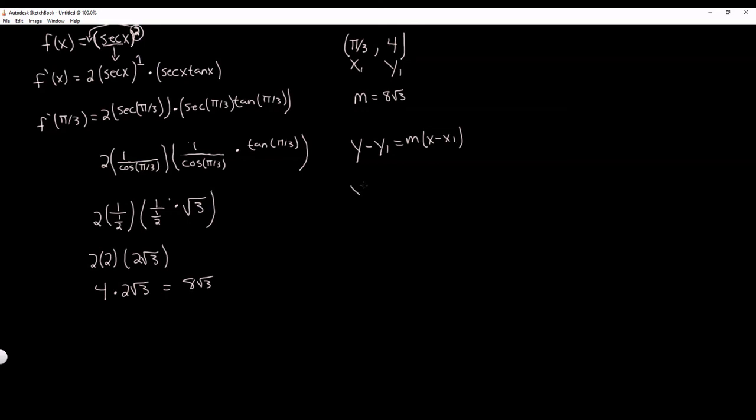So we bring down our y, minus y1 is 4, is equal to m, which is our slope, 8 root 3, times x minus x1 is pi over 3, so minus pi over 3. And this is the answer to our problem in point slope form. If you want to get it in the form of y is equal to mx plus b, you'll have to do some simplification, but point slope form is a completely valid way to represent your function.